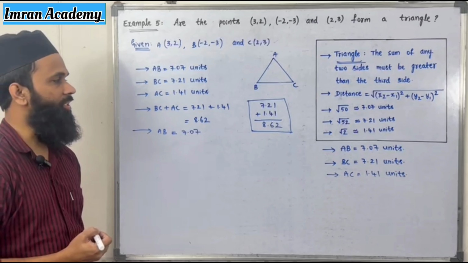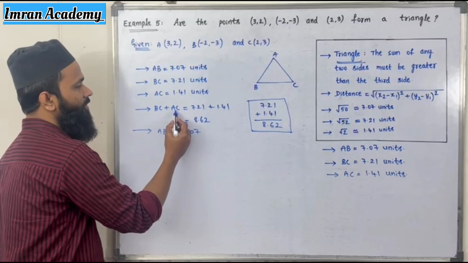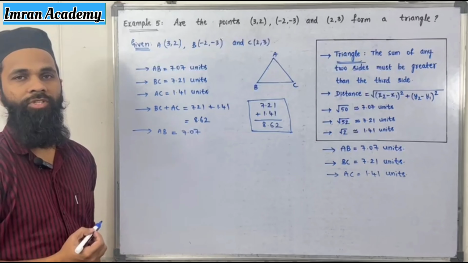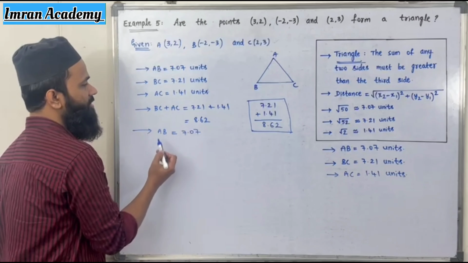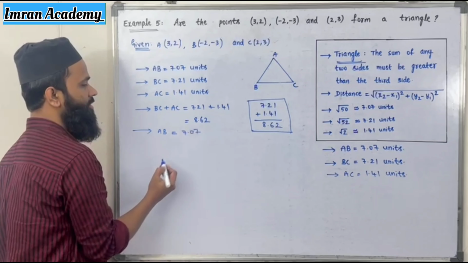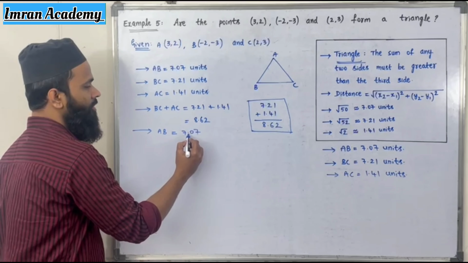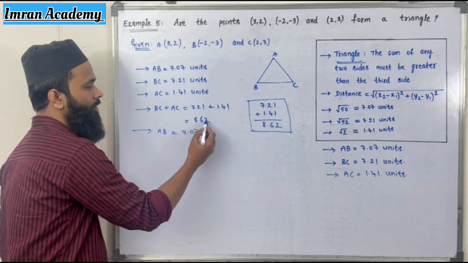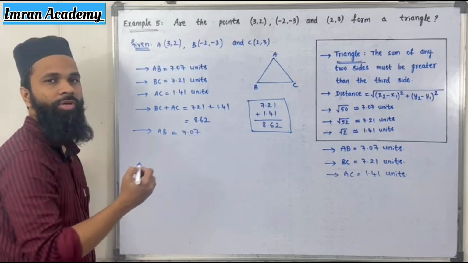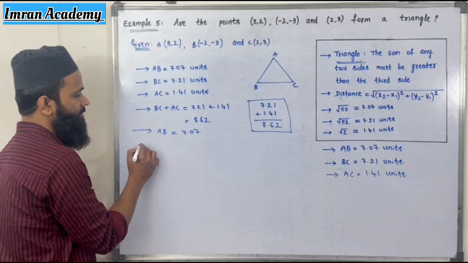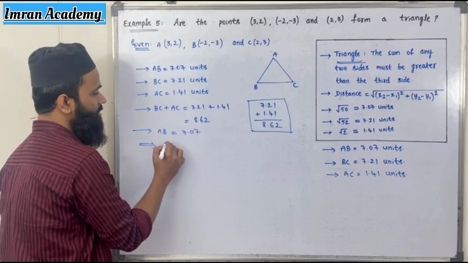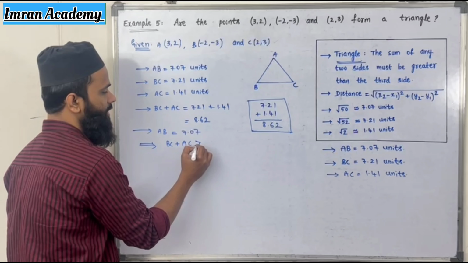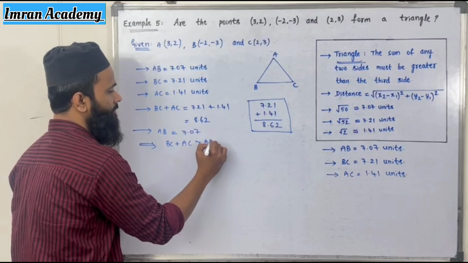Here the condition is the sum of any two sides is greater than the third side. We got it. That is, BC plus AC is 8.62. AB is equal to 7.07. Here 8.62 is greater than 7.07. That is, BC plus AC is greater than AB.